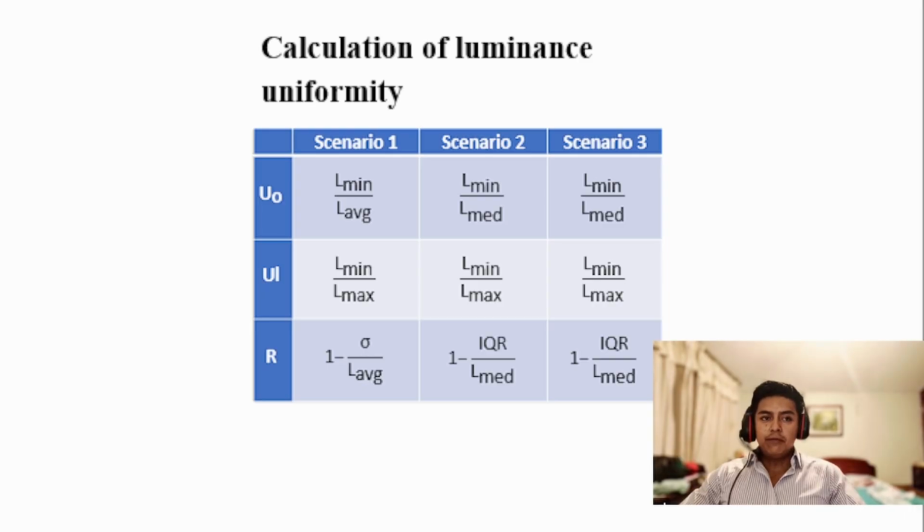The uniformity of the opal glass was calculated for each of these 3 scenarios, presented in this table. It is necessary to associate the measurement uncertainty for each of them following the provisions in equation 9. This is also applicable for the estimation of the uncertainty of the standard deviation as well as the uncertainty in the interquartile range.